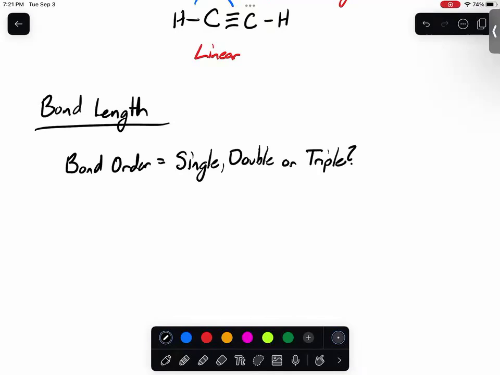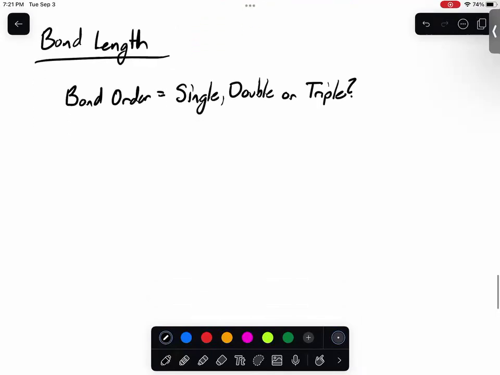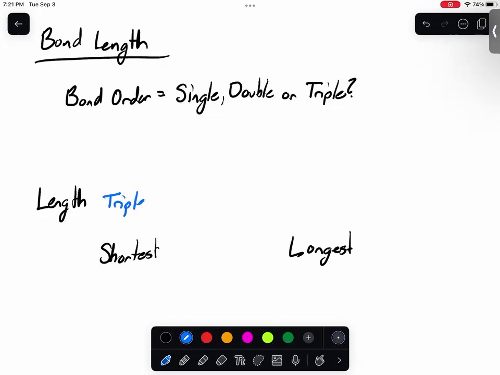And essentially, if we're looking at a trend for length, and we're talking about what would be the shortest and what would be the longest, it falls in line where the shortest is going to be a triple bond. And the reason for this is the more bonds you add, the closer together those nuclei become.